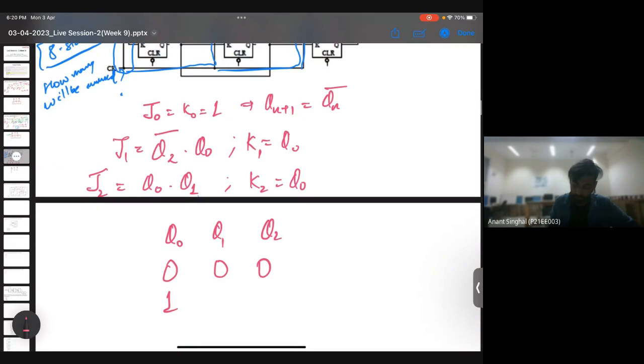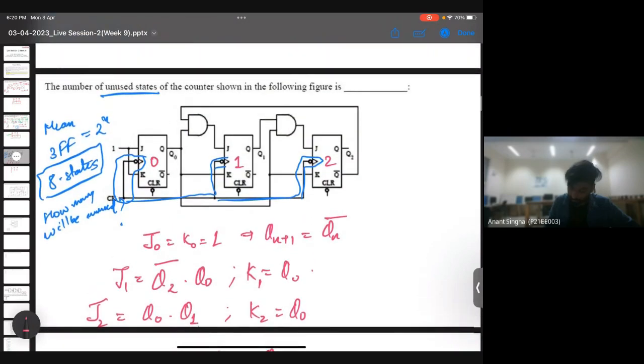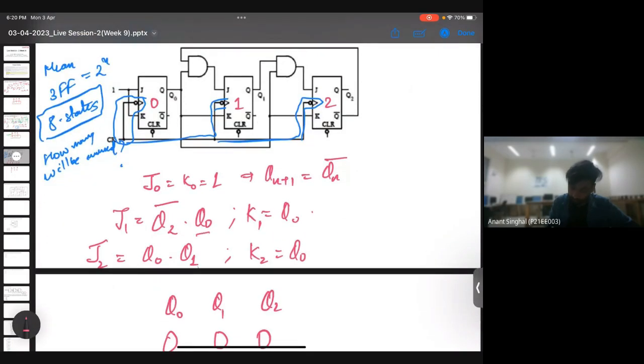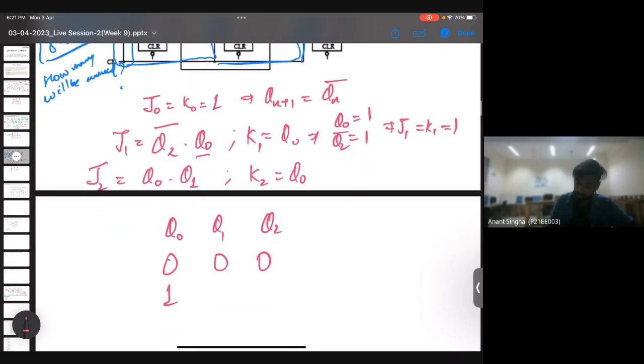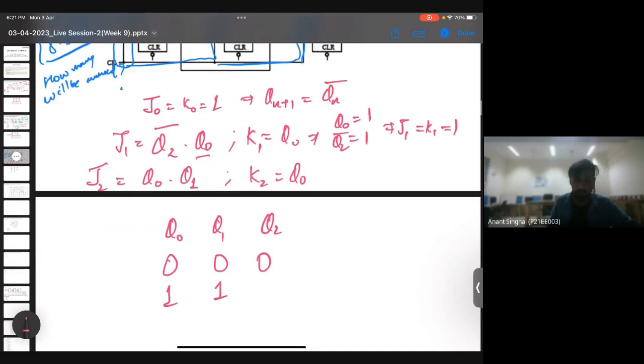Once Q0 is 1, and Q2 bar was 1, this makes J1 as 1 and K1 as 1. So it will toggle, and Q1 becomes 1. Is this step clear?